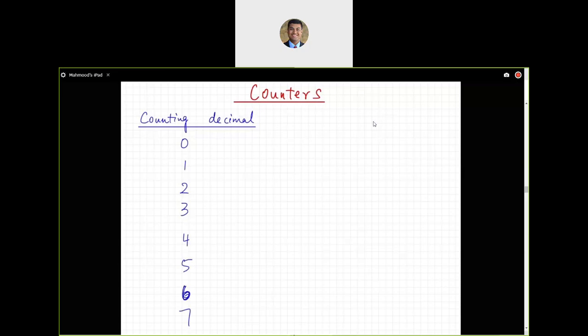So if I were counting in decimal, I would have 0 through 7. And if I want a binary output, meaning I want a 3-bit counter, and I want to take a look at the output of that, how would that look for the same values?